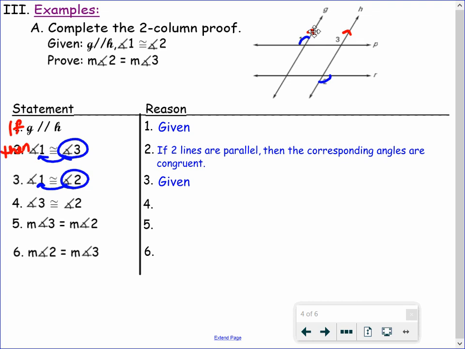So you could write in if-then form, if two angles are congruent to the same angle, then they are congruent to each other. However, we've never had a theorem that said that. You could write it and I would take it, but the theorem was congruence of angles is transitive. Okay. Step 5.